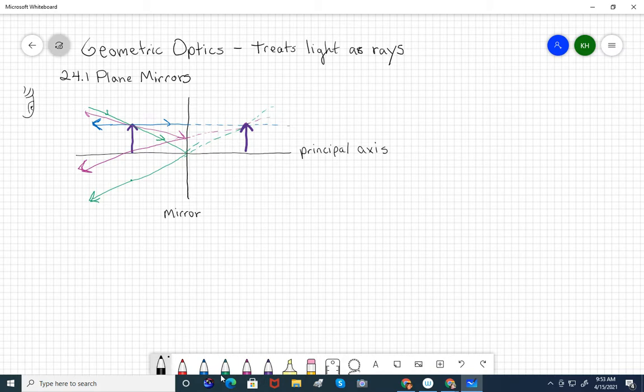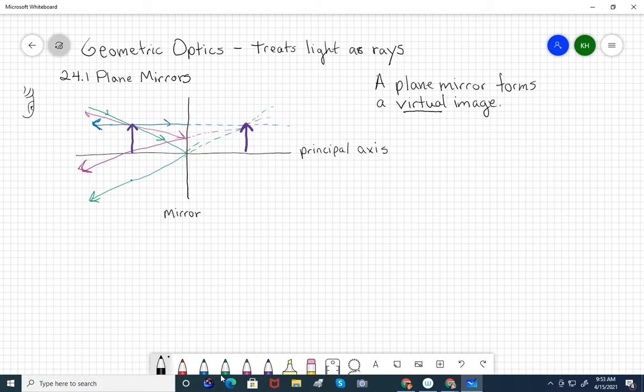Some things that we can notice about this reflection. First of all, this is a virtual image. Why is it a virtual image? Well, images come in two types. They come in real or virtual.